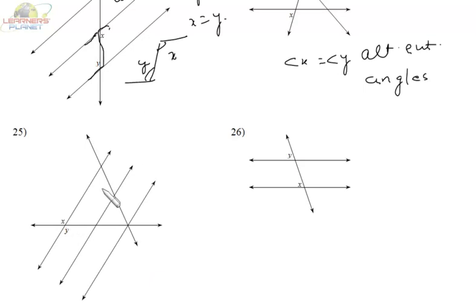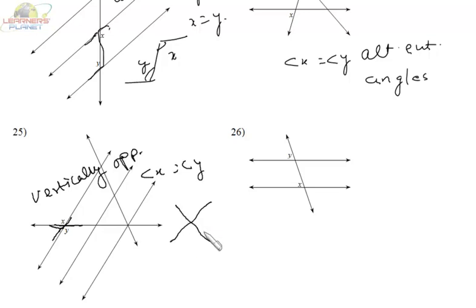Here we see the shape of X. So x and y are vertically opposite angles. And angle x will be equal to angle y. Okay, the shape is like this.